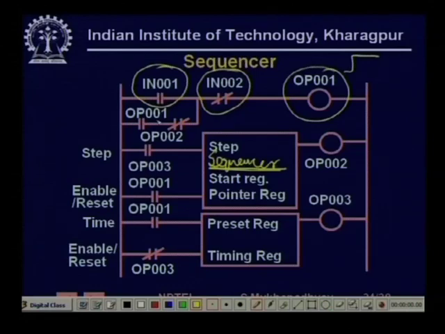When this goes high and this is already low, there is a path from this place to this place, and even if this is taken off, this path maintains. Whenever there is a path here, immediately this is enabled.